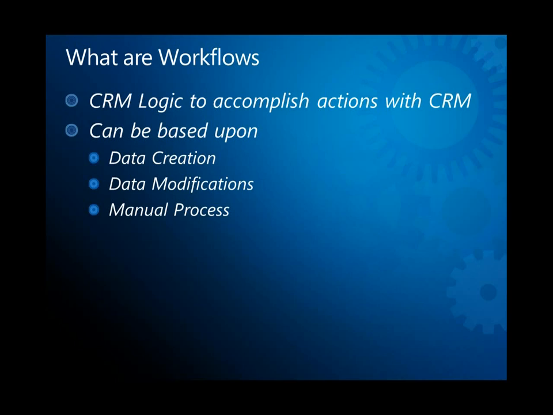What can be done can be done based upon data creation, data modification, or manual process. What I mean by that is, whenever you create a record, you can check for something and, say, send an email. You can also say, whenever a field changes on the screen, check with workflow and figure out if you need to do something, like if the opportunity went over $50,000, send out an email. Manual process is just that: allow people to kick off a workflow by hand.